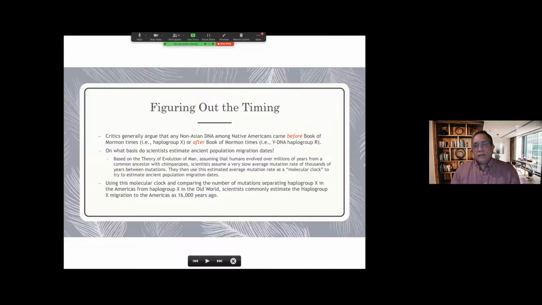We'll assume that that occurred over X million years. Then based on those two assumptions, you can look at how many mutations there have been, and with that, they come up with an estimated average mutation rate. They call this a molecular clock, and then they use that to estimate migration dates.